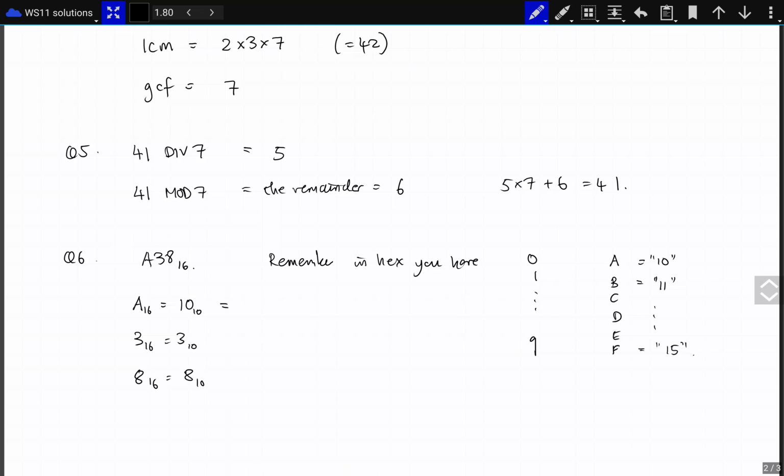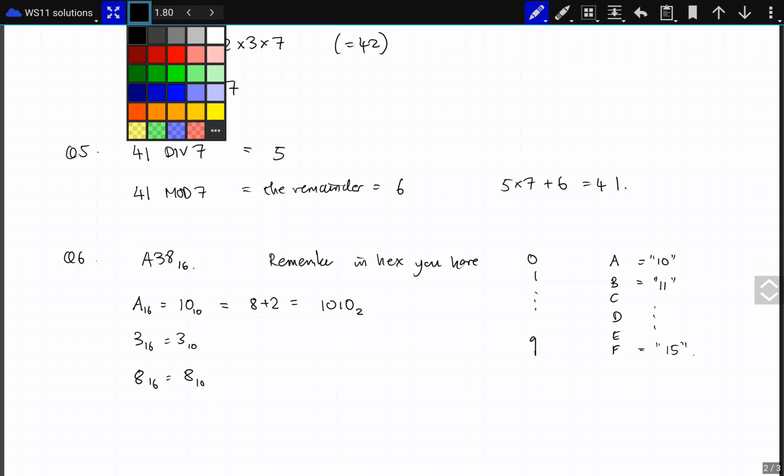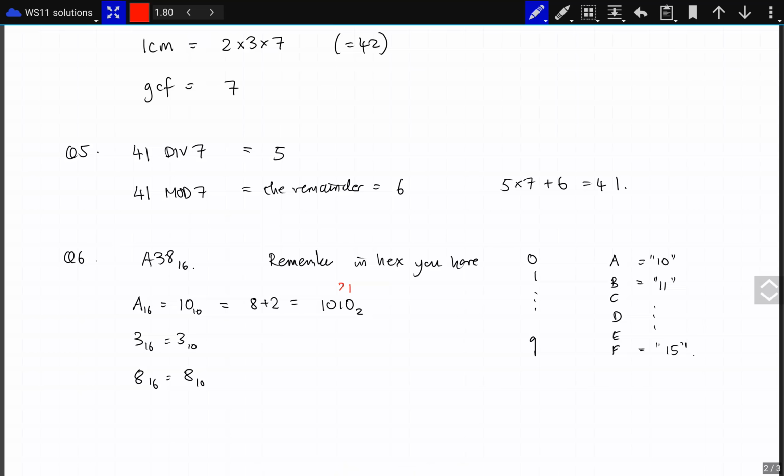So 10 is equal to 8 plus 2. And so that's 1010 in base 2. Remember the way to think about it here, that's 1, 2, 4, and 8. And similarly, 3 is 0011 in base 2. And 8 is equal to 1000 in base 2.